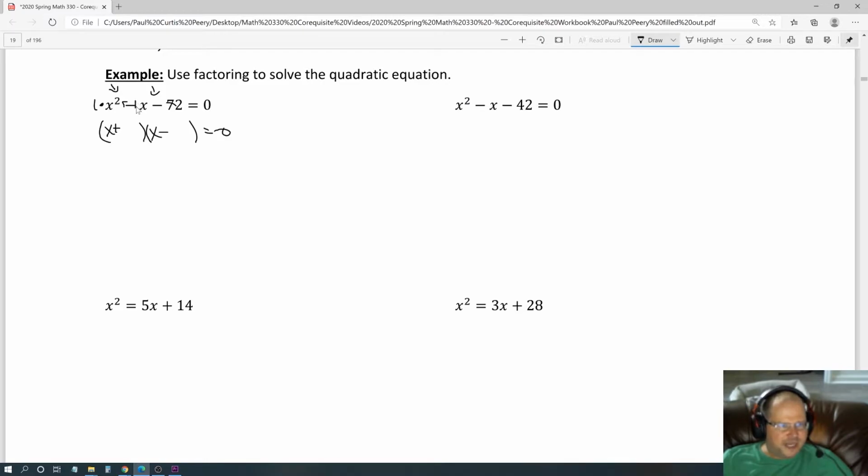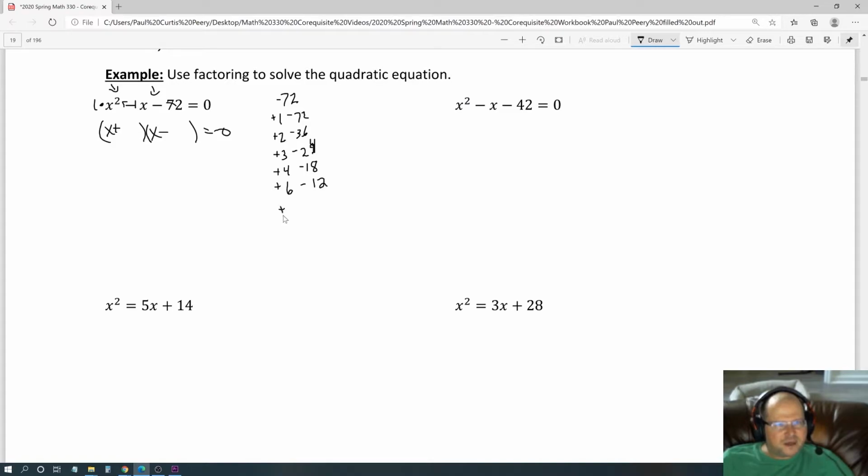And when you add them together, you end up with a negative 1, which means the stronger one must be negative. So you're looking for 2 numbers that multiply to give negative 72 and add together to give negative 1. The stronger one is negative, so you have a positive 1, negative 72; a positive 2, negative 36; a positive 3, negative 24; a positive 4, negative 18; a positive 6, negative 12, not quite.